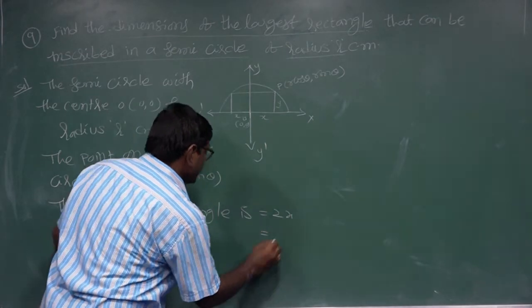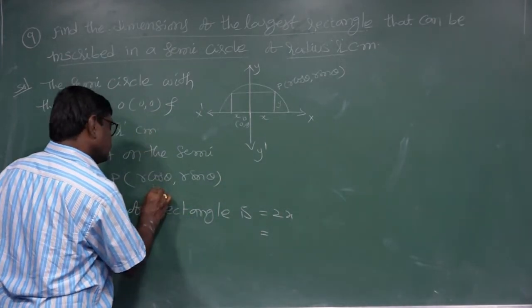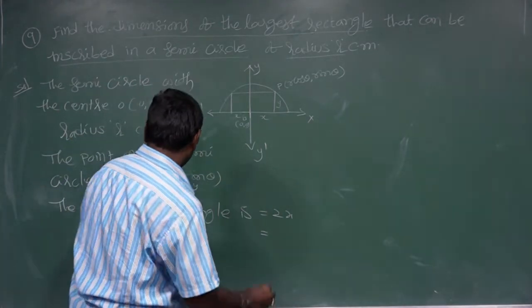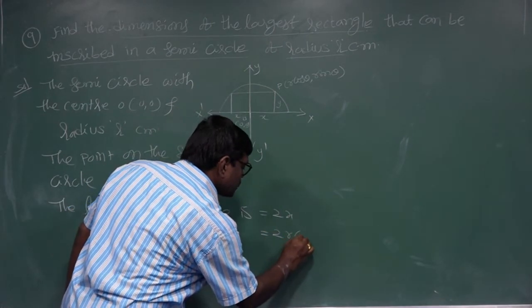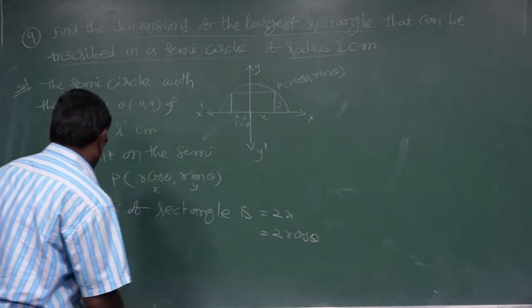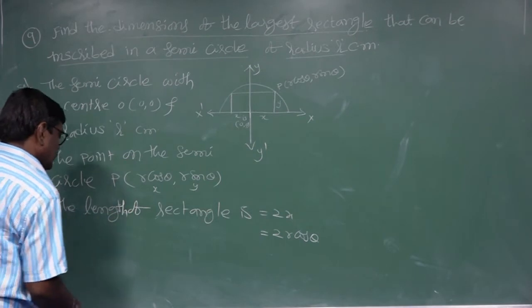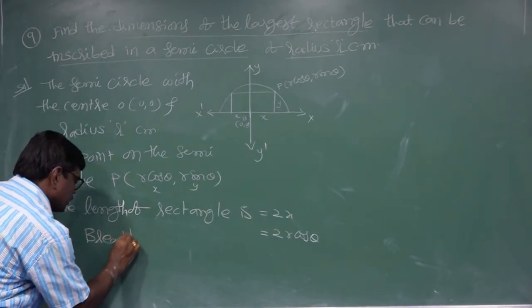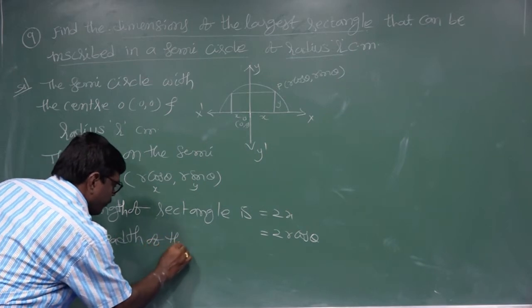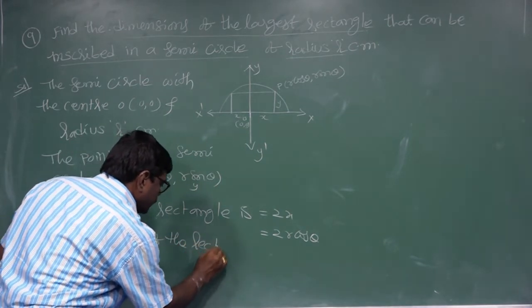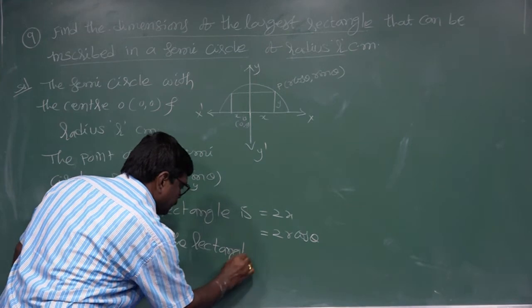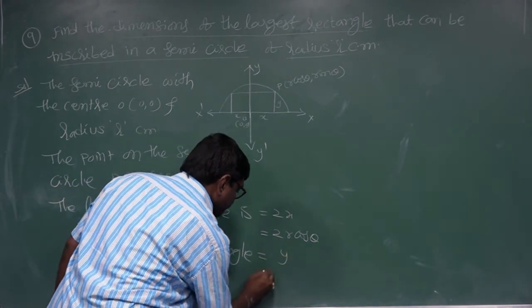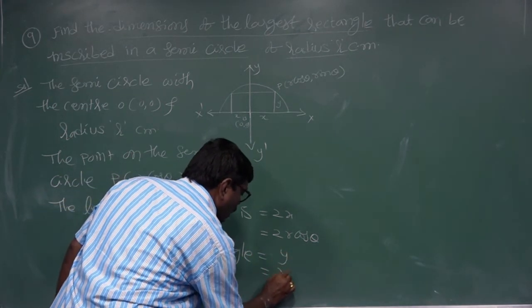Since x equals r cos theta, the length equals 2 into r cos theta. Next, the breadth of the rectangle, y, equals r sin theta.